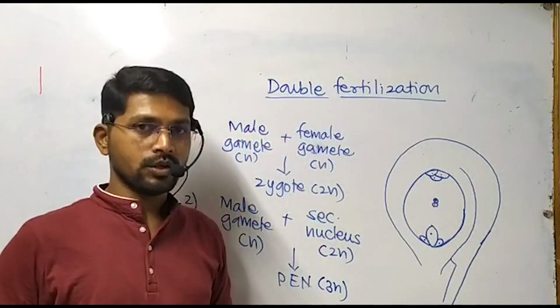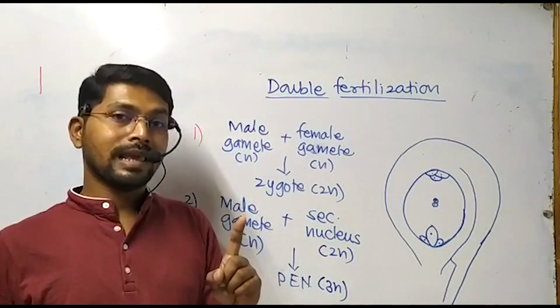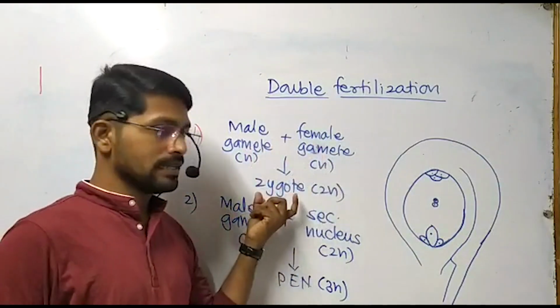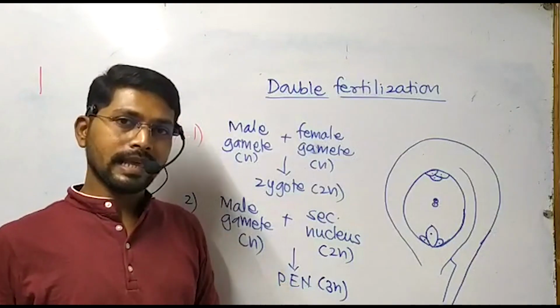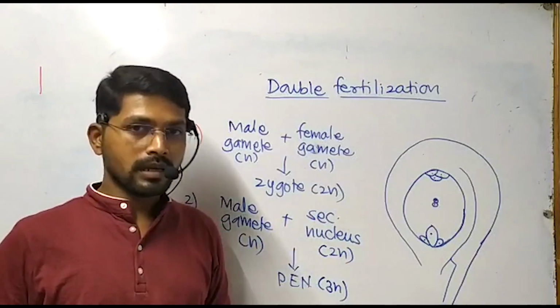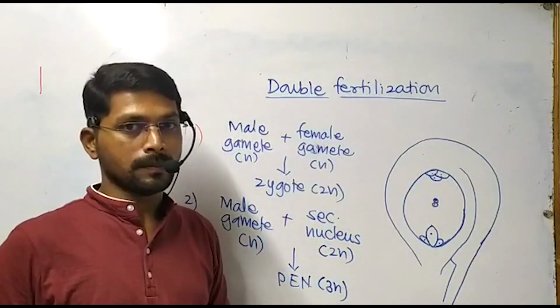So let us see the definition. Double fertilization is a process in which one male gamete fuses with the female gamete or egg to produce the zygote, and the other male gamete fuses with the diploid secondary nucleus to produce the primary endosperm nucleus. This is called double fertilization.